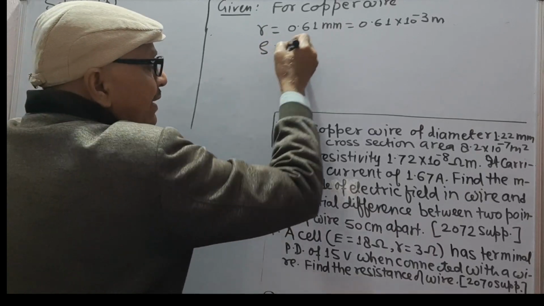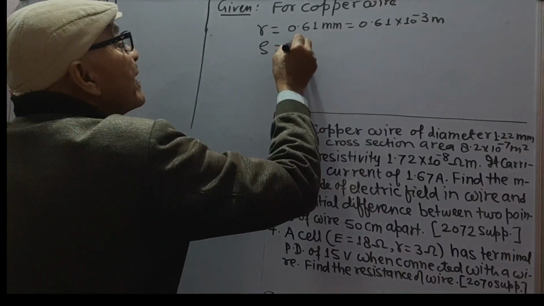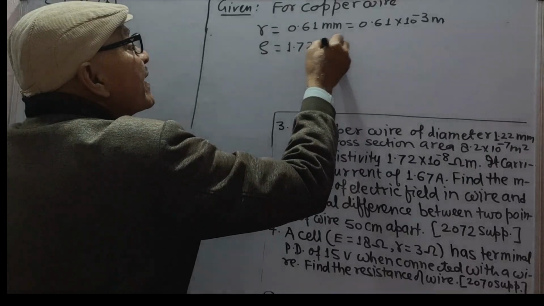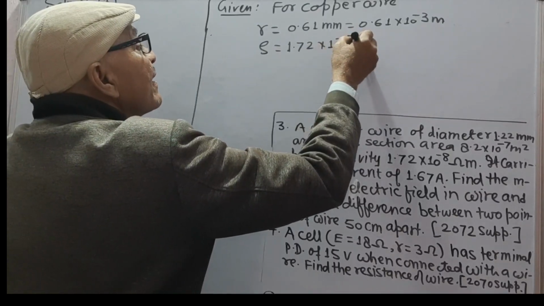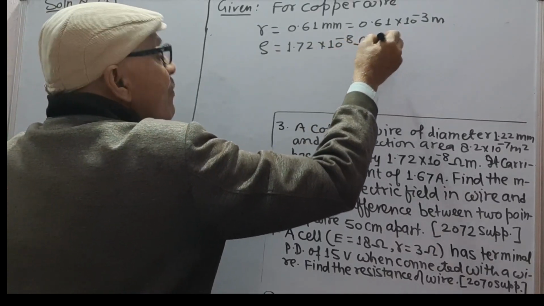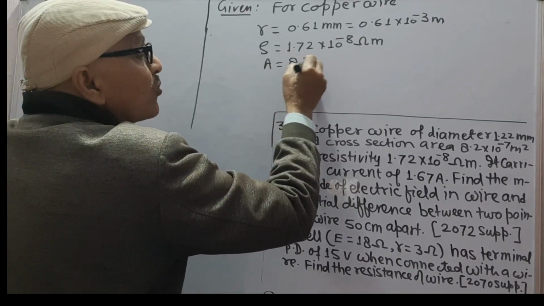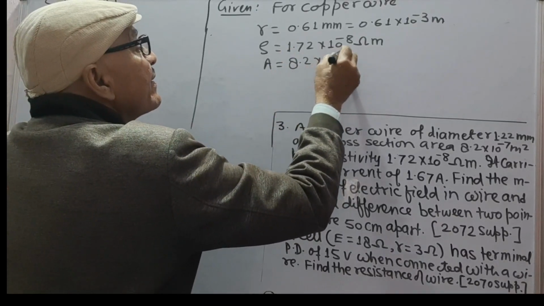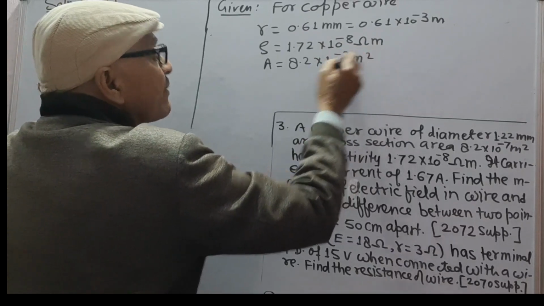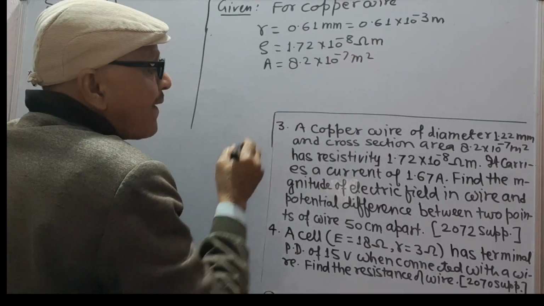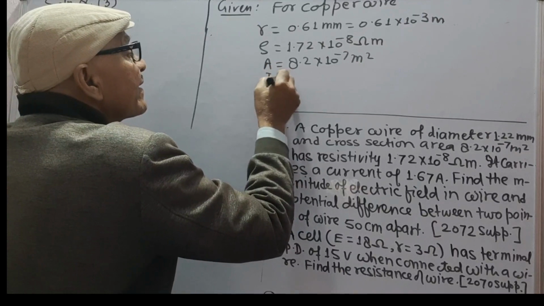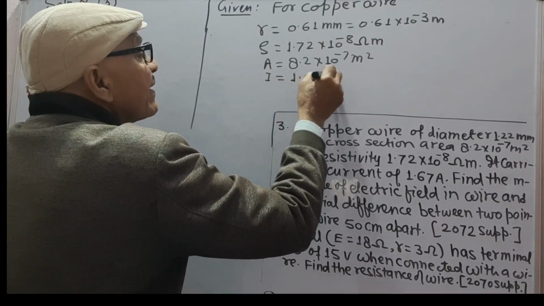Resistivity is 1.72 into 10 to minus 8 ohm meter. Cross section area is 8.2 into 10 to minus 7 meter square. It carries a current of 1.67 ampere.